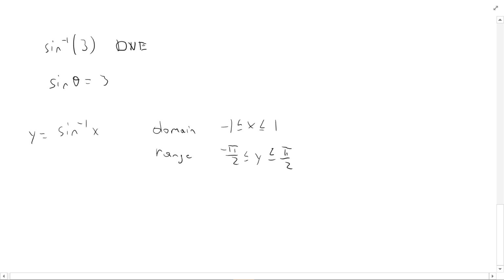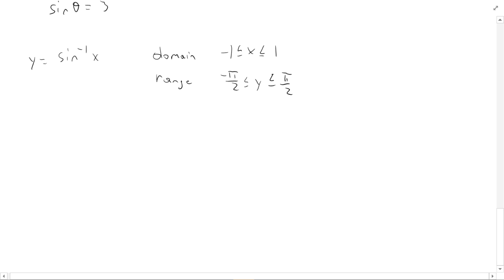So our domain of that function is -1 to 1. Our range is negative pi over 2 to pi over 2. Now for y equals cosine inverse of x, our domain is again -1 to 1. And our range, remember it's the top half of the circle, so it's between 0 and pi, or 0 and 180 degrees, if you will.